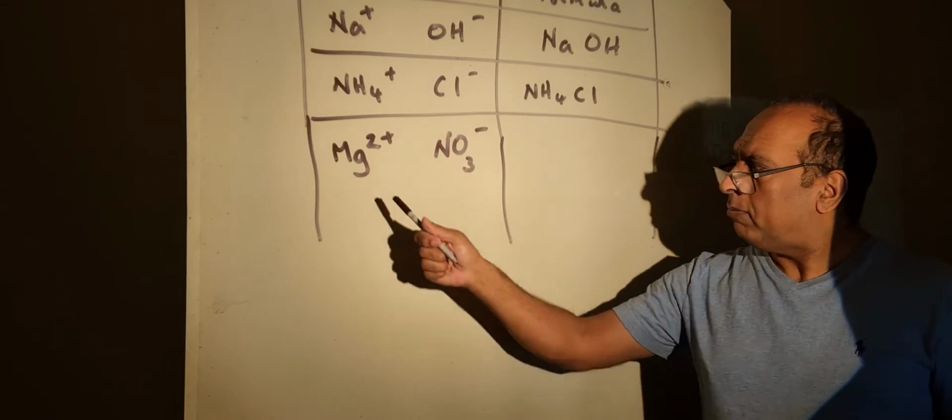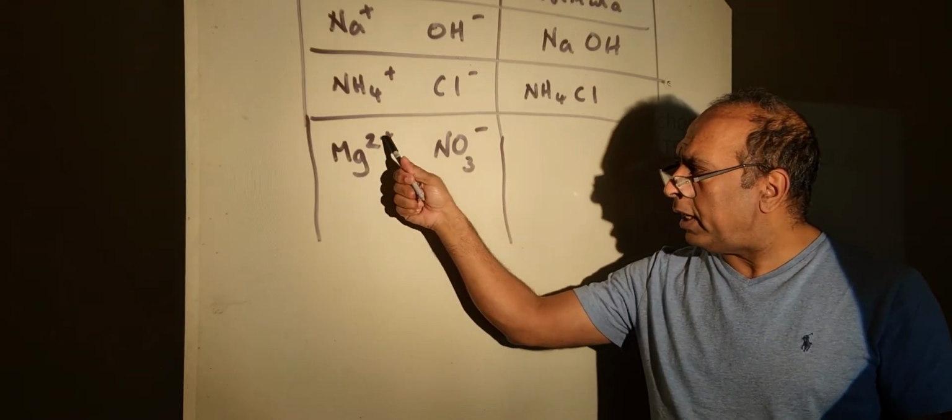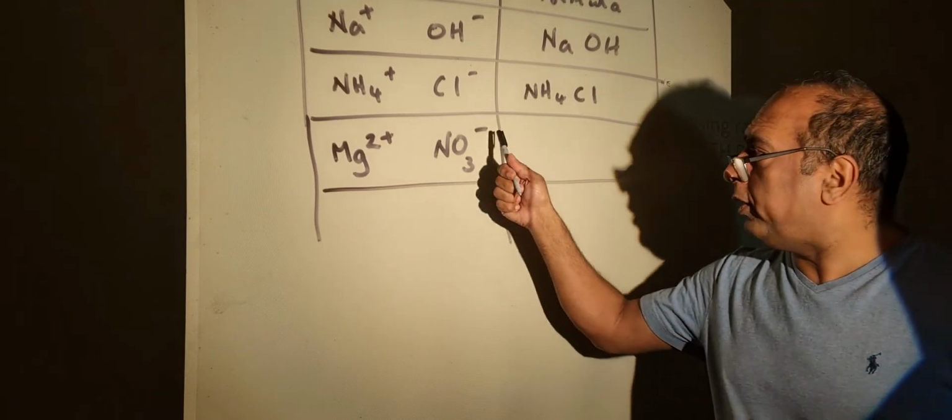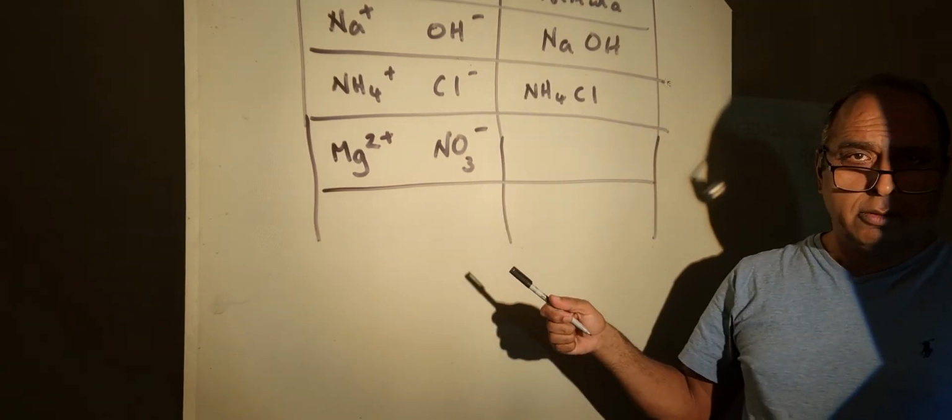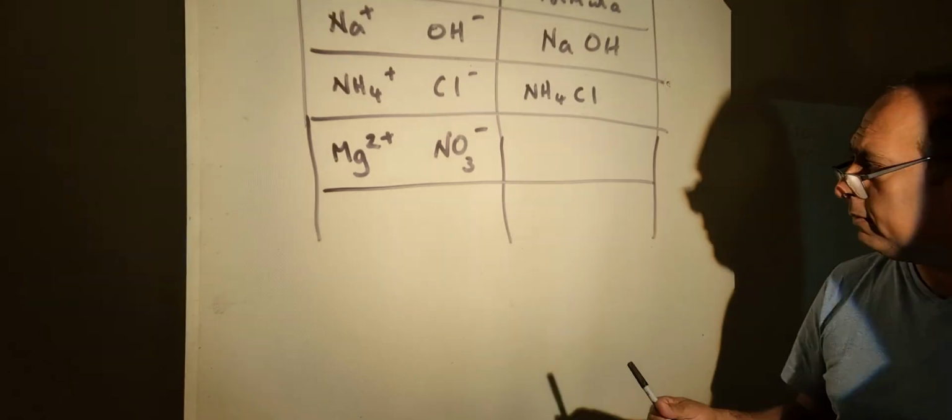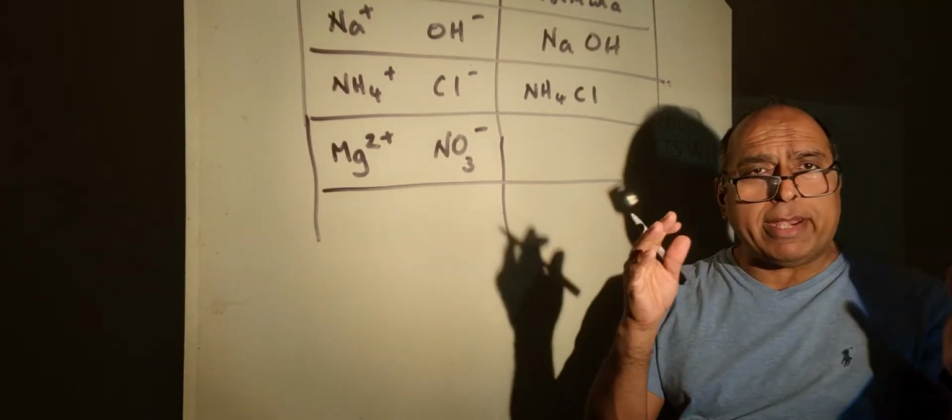How about magnesium nitrate? Now, this is going to be slightly different. Magnesium and nitrate. Magnesium, 2 positively charged, you've learnt that. And nitrate, 1 negatively charged, you've learnt that from that sheet. Nitrate is a radical.